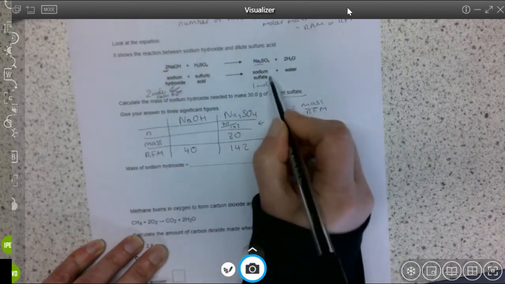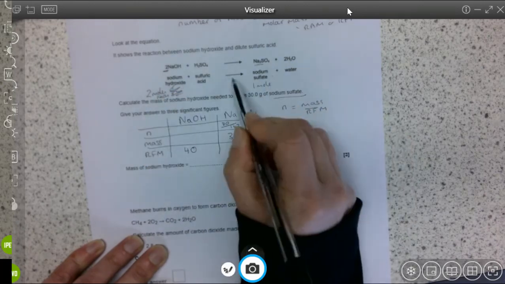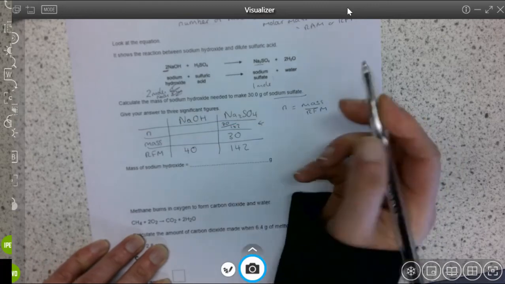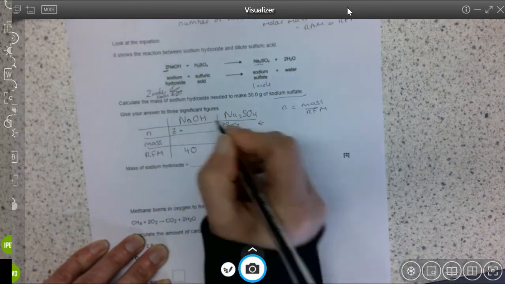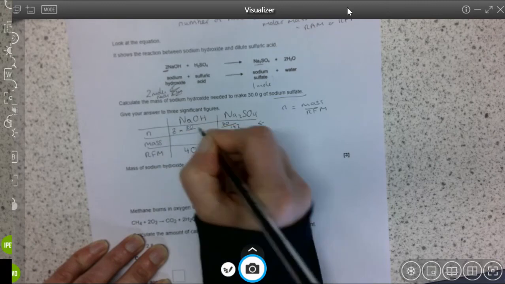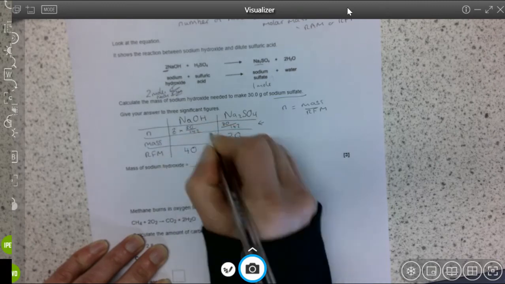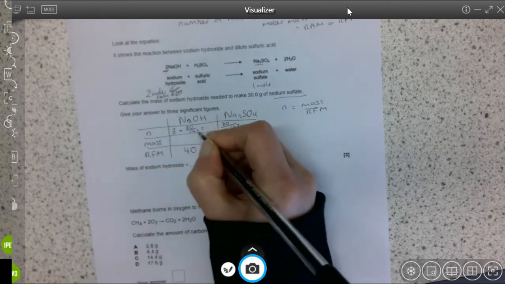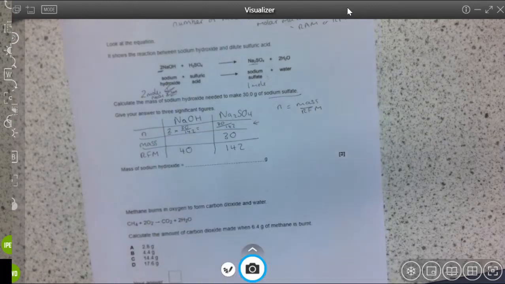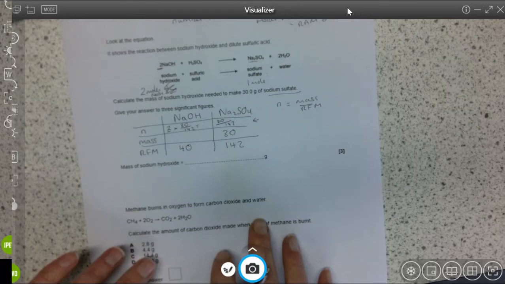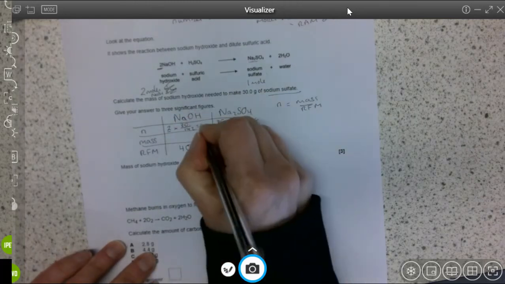So however much sodium sulfate I've got, I need to times that by 2 to work out the moles of sodium hydroxide. So my moles of sodium hydroxide is going to be 2 times 30 over 142. And if I stick that into my calculator, that's going to give me 0.42.